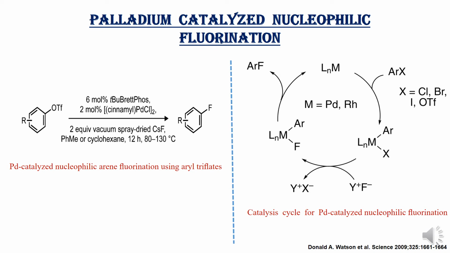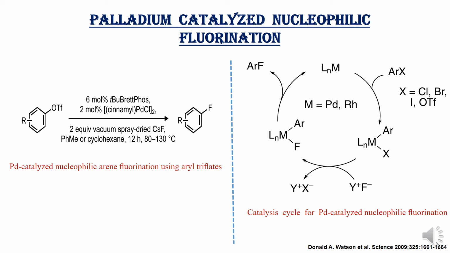These reactions were run for 12 hours at 80 to 130 degrees centigrade. The mechanistic studies are the same as we have studied earlier, that is the oxidative addition, followed by the metal transfer, and then followed by the reductive elimination. We got our desired product.